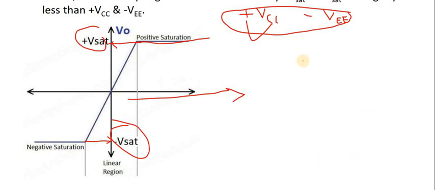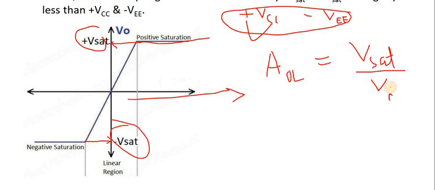Now suppose I am writing the open loop gain. Maximum you are getting Vsat and your input voltage is Vd. So if I calculate, Vd is equal to Vsat by AOL, the open loop gain.